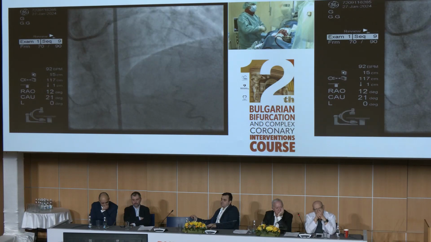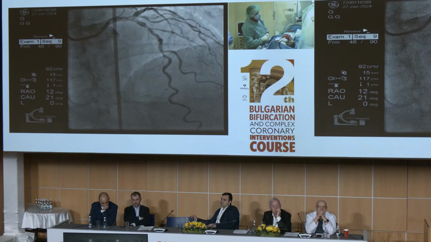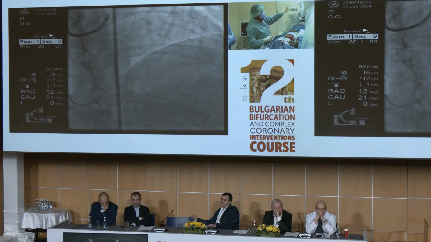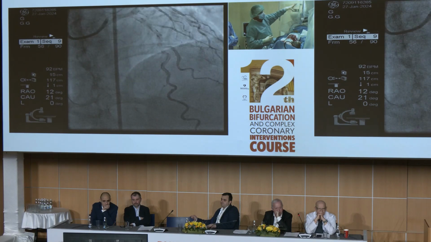There is also a diseased segment in the mid-LAD, in the bifurcation with this moderately sized second diagonal branch.